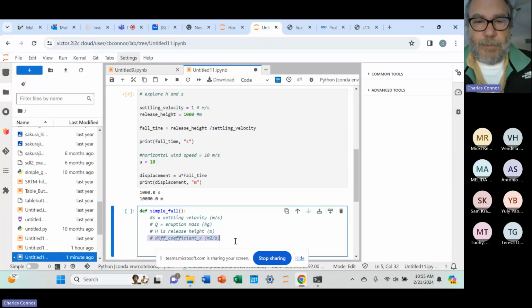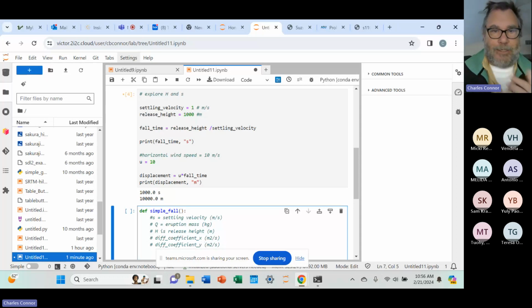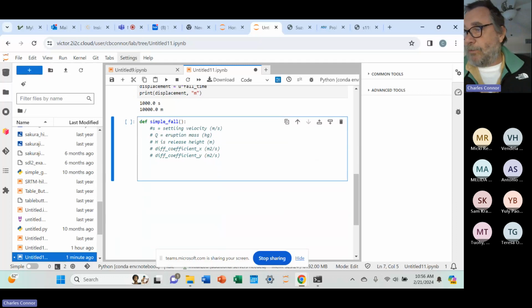A lot of stuff. As these models get more complicated, I have many more parameters I've got to set in order to solve the expression, and this is sort of an introduction to that sort of problem.